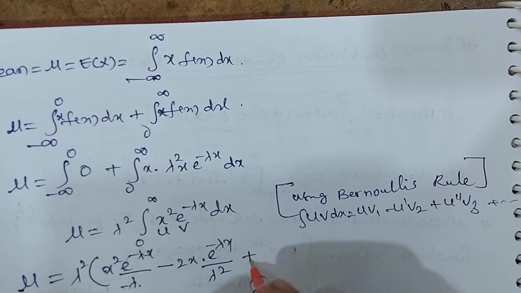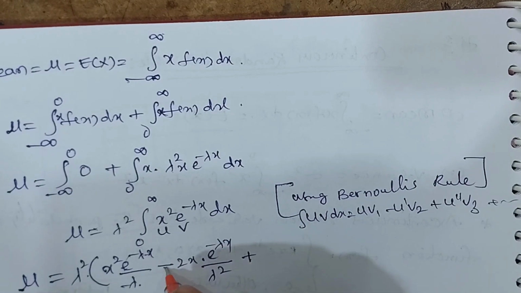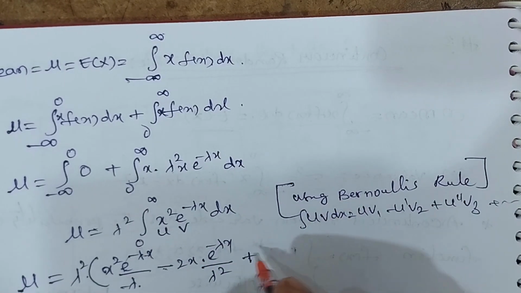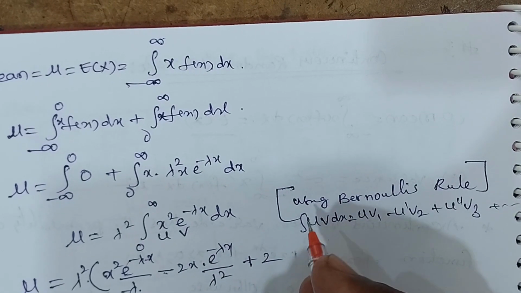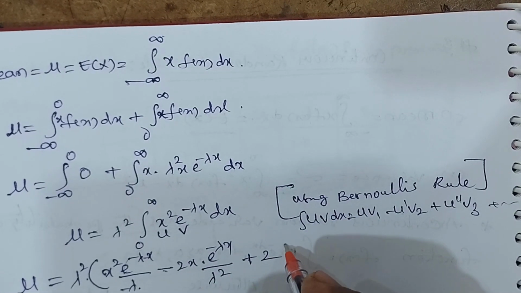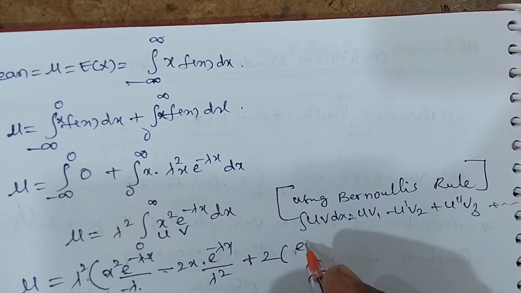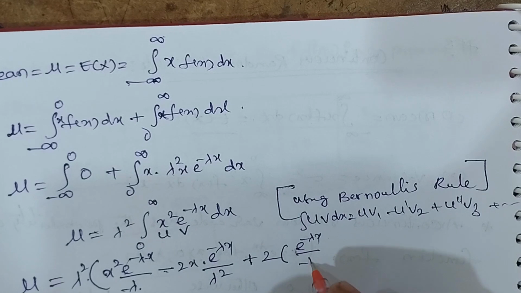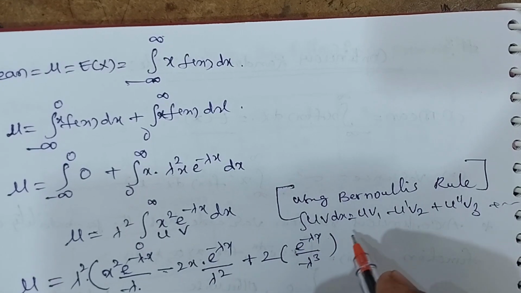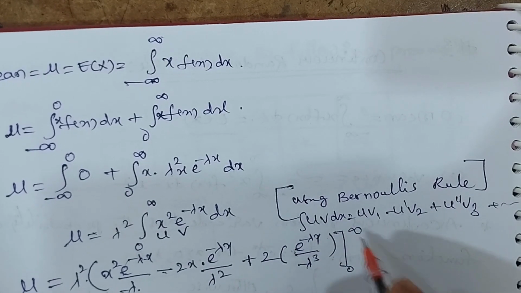So next plus, first plus, next minus, again plus. Here the derivative of 2x is 2, into e power minus lambda x by minus lambda cube. So limits 0 to infinity.